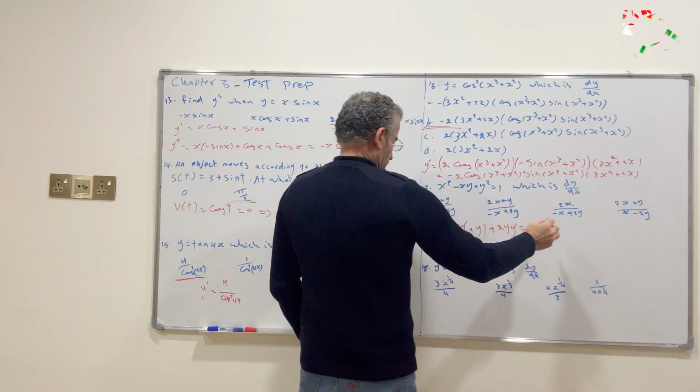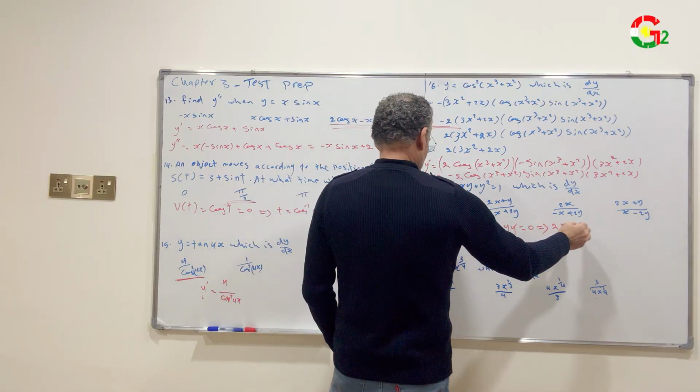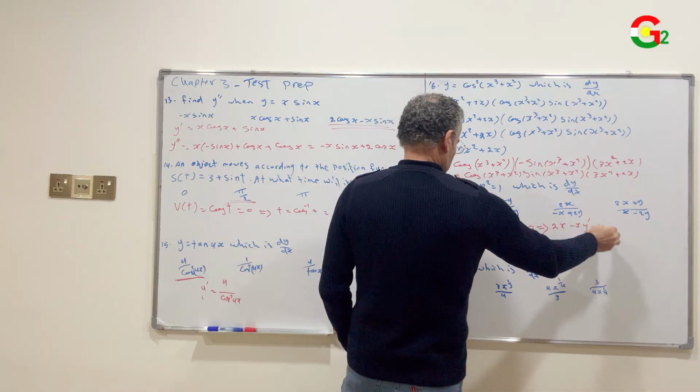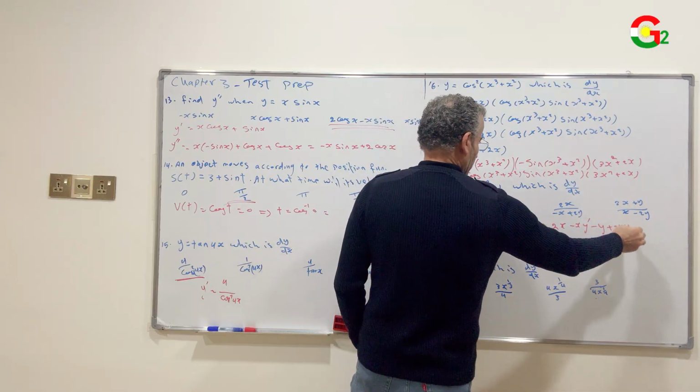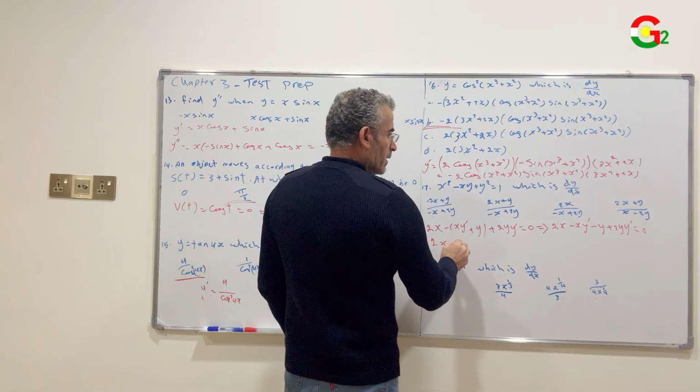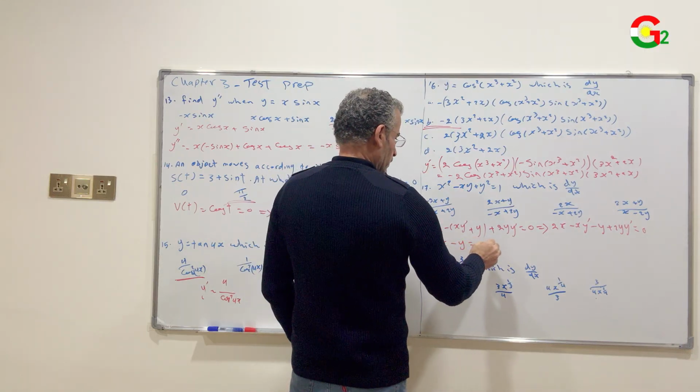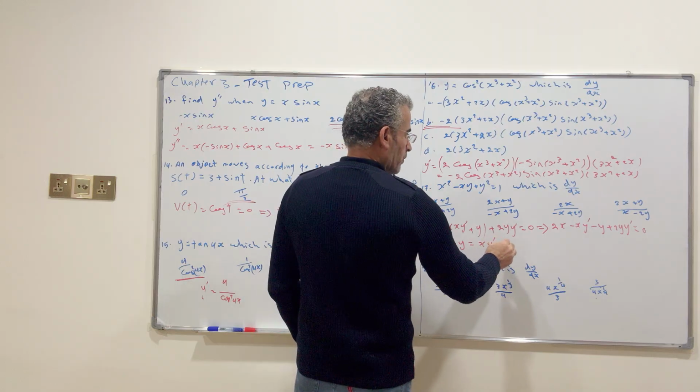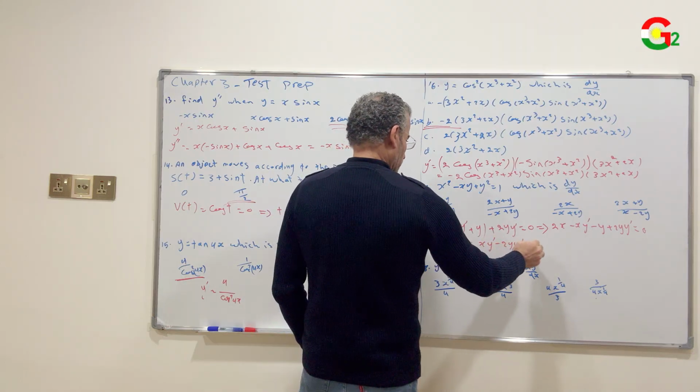Then open this bracket: 2x minus x y prime minus y plus 2y y prime equals 0. So 2x minus y equals x y prime minus 2y y prime.